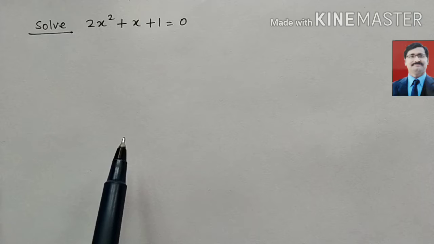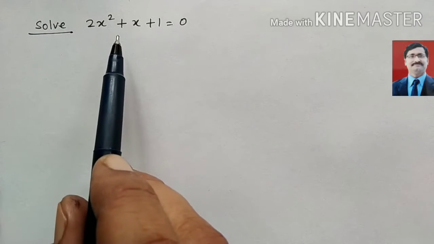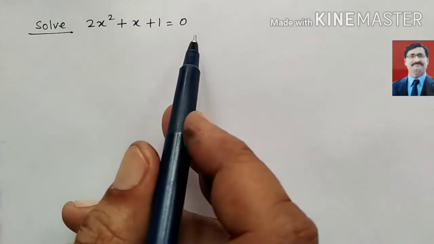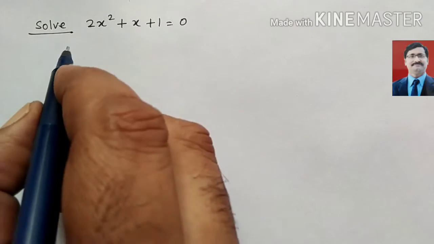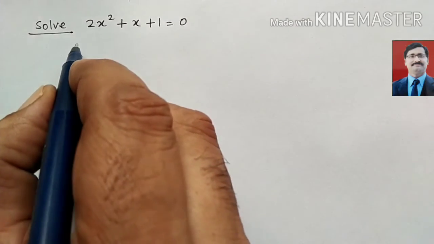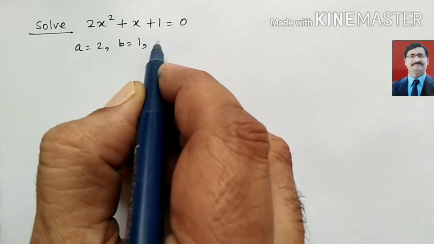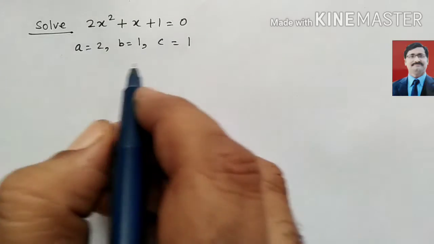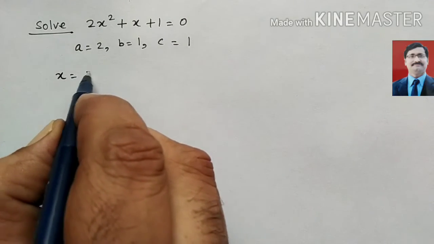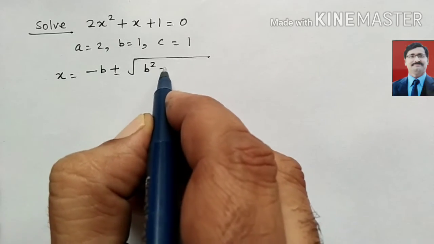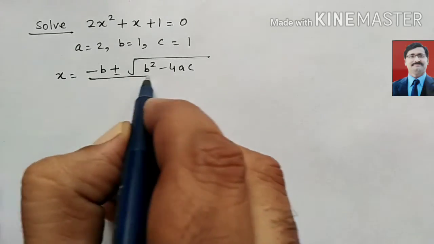Look here, the question is: solve 2x square plus x plus 1 equal to 0. This is a quadratic equation, and here you have to find the values of a, b, c. Here a is 2, b is equal to 1 and c is 1. This quadratic formula is x equal to minus b plus minus root of b square minus 4ac upon 2a.